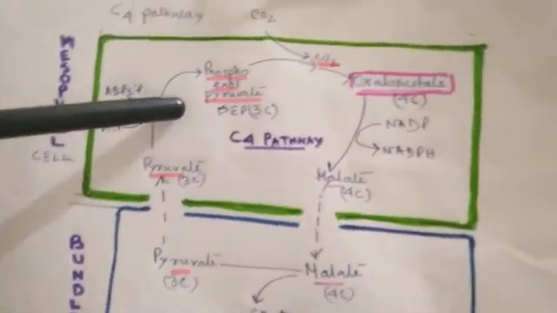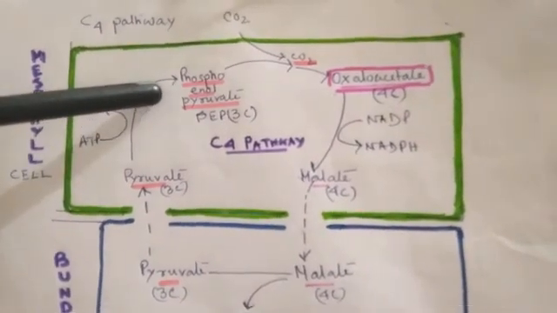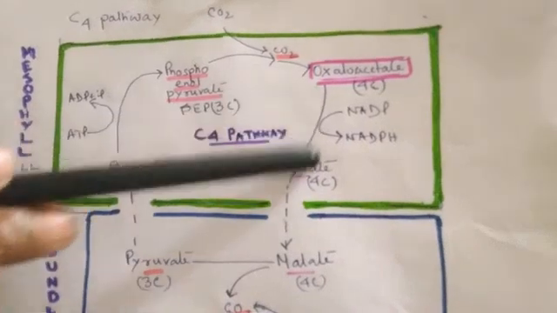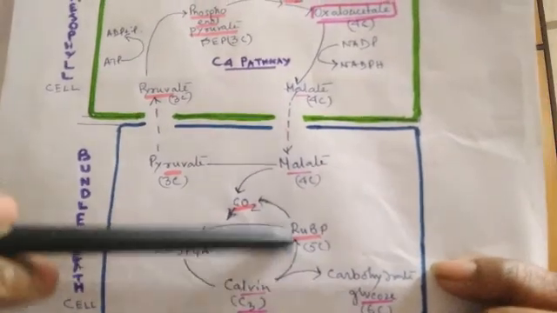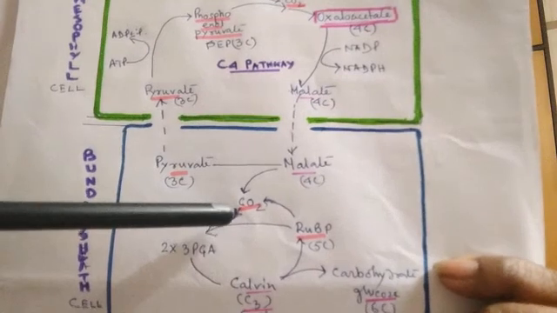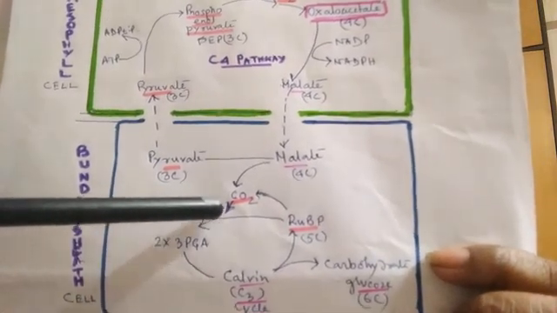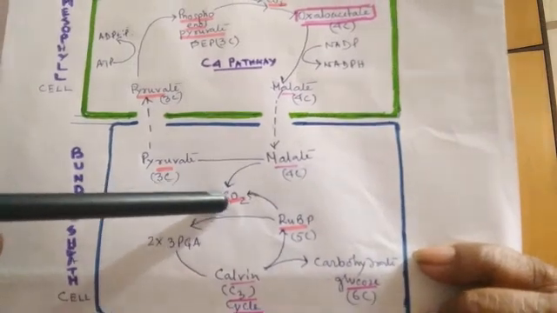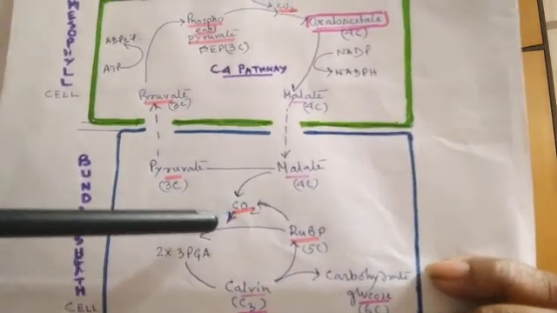So in the C4 pathway you can see that the mesophyll tissue has the chloroplast which is only to fix carbon dioxide, but the formation of carbohydrate from carbon dioxide occurs in the bundle sheath cells, where RuBP, ribulose bisphosphate, and the enzyme ribulose bisphosphate carboxylase oxygenase are present. Clear? Where the carbon dioxide is refixed.